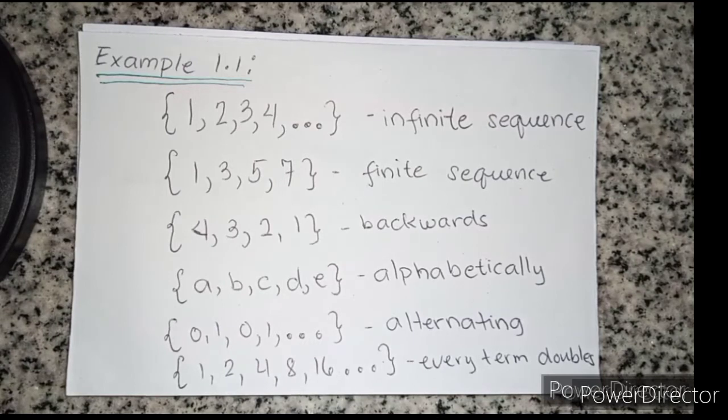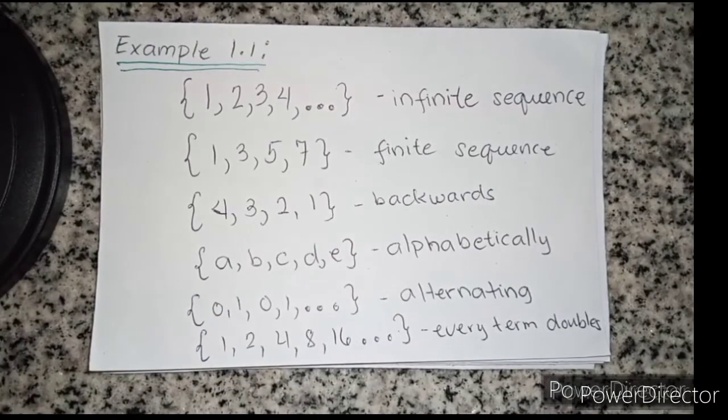It is an infinite sequence and it is also an alternating set. Last one, we have 1, 2, 4, 8, and 16, and so on and so forth. So it is also an infinite sequence, but in every term, it doubles. So these are examples of a sequence.